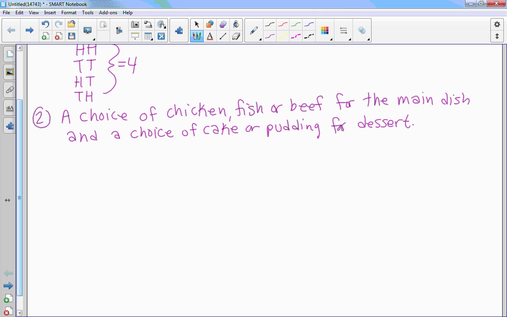Okay, a choice of chicken, fish, or beef for the main dish, and a choice of cake or pudding for dessert. Don't do the problem yet.